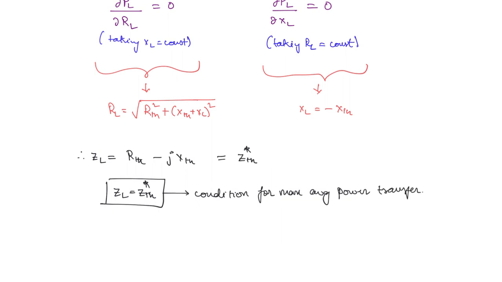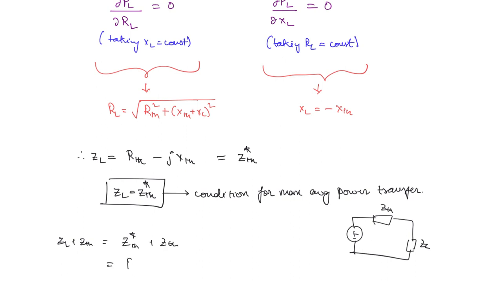So this is in fact something that you can guess also, right? So what will happen when ZL is equal to the Thevenin conjugate? The equivalent impedance, that is ZL plus ZTH, right? ZTH and ZL are in series. So now ZL is equal to ZTH conjugate plus ZTH. Then what will you get? Only a real value.